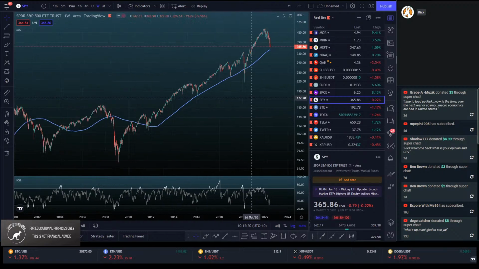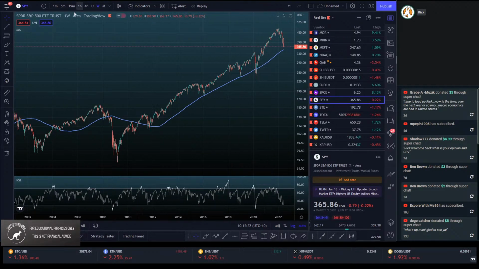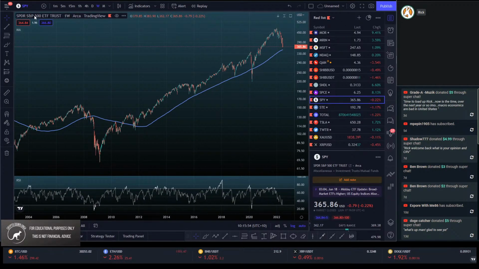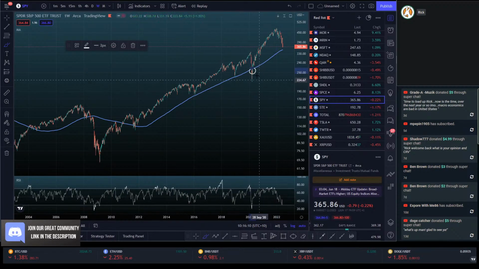So the S&P 500, which is the top 500 companies on the stock market in the US, hasn't been down toward this 200 weekly moving average since the COVID outbreak, which was down here. It's quite a sharp penetration through the average there.